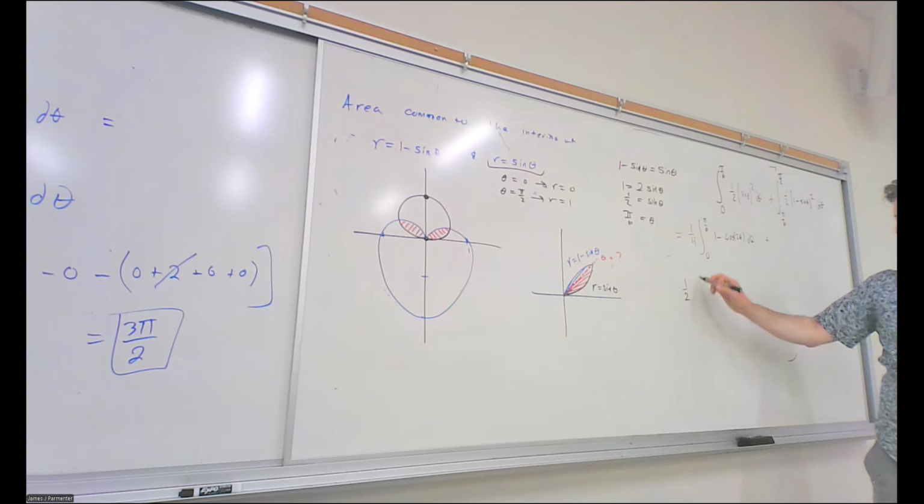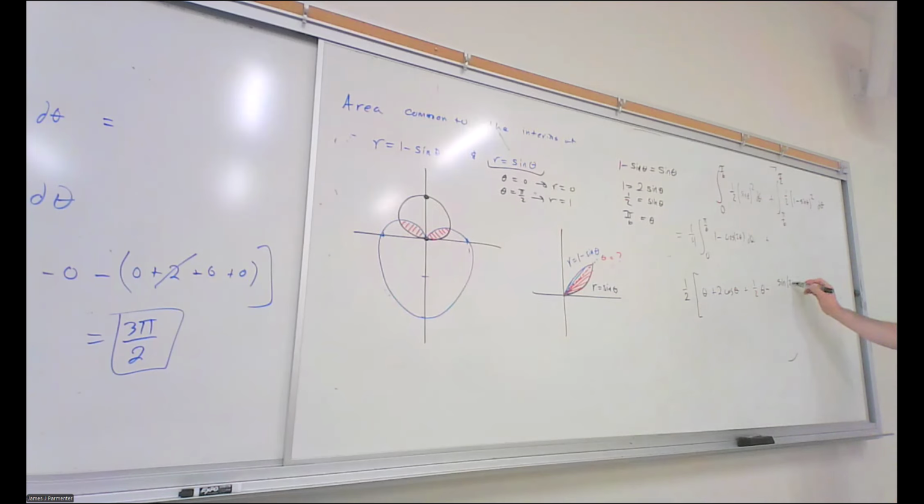It's 1/2 times the integral, which is theta plus 2 cosine theta, plus 1/2 theta minus sine 2 theta over 4, from pi over 6 to pi over 2. Which looks really terrible.